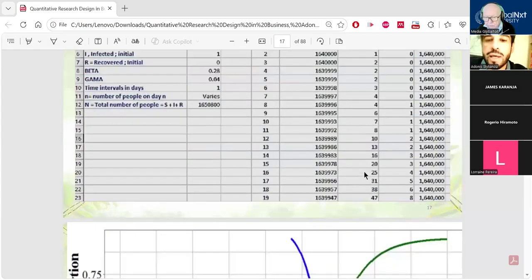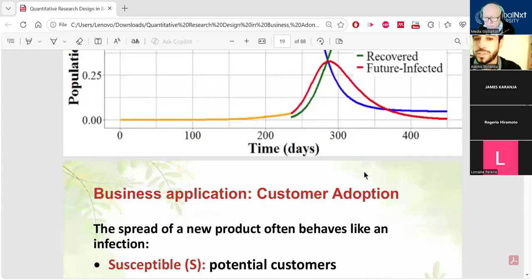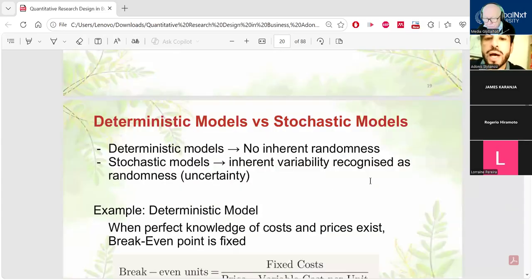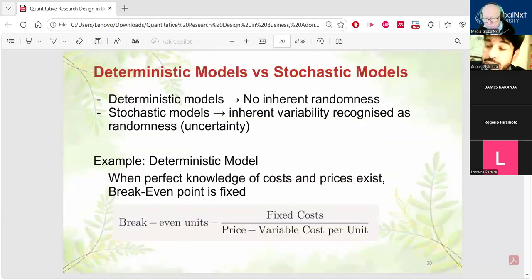So the SIR model is really important in these terms, and it's deterministic, as I said, which means it doesn't involve any aspects of randomness or uncertainty. But there are stochastic models which are capable of introducing uncertainty, and we need to consider those as well.